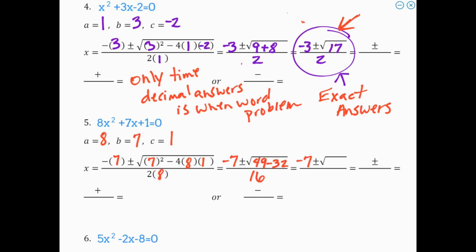Is this one going to simplify any more after this step? No.